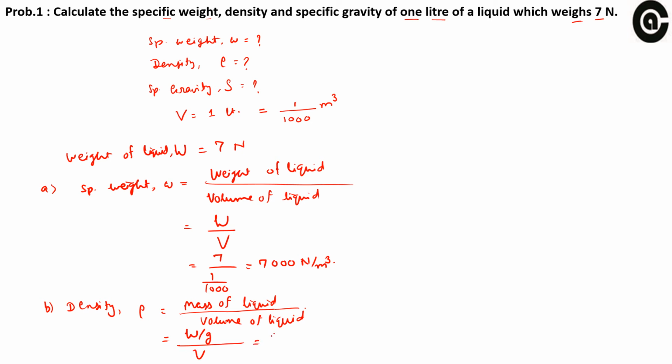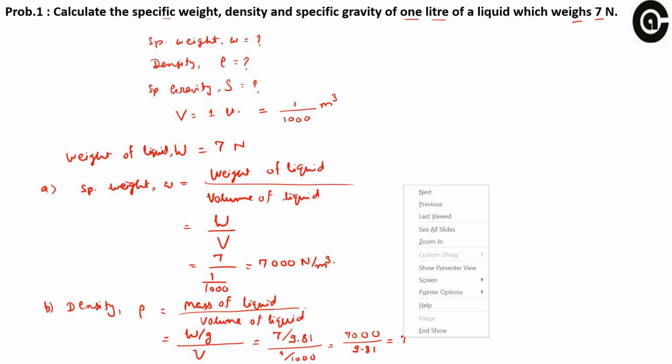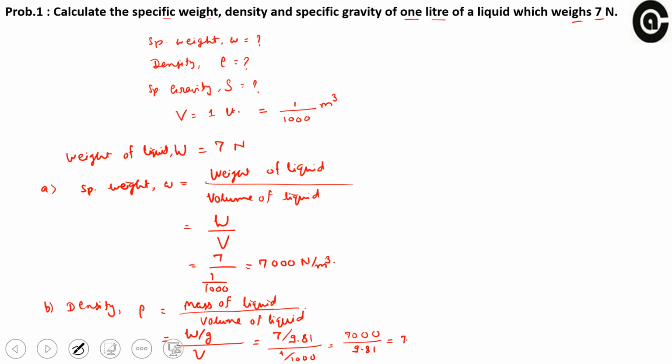So weight is 7 upon 9.81 divided by 1 by 1000. So we get 7000 divided by 9.81, that means approximately 700 kilogram per meter cube by taking gravity as 10.